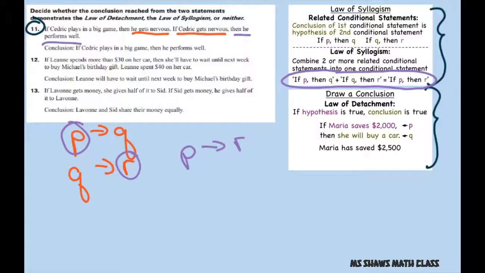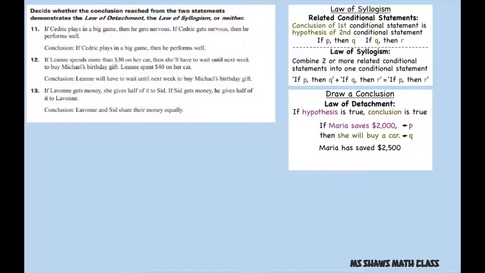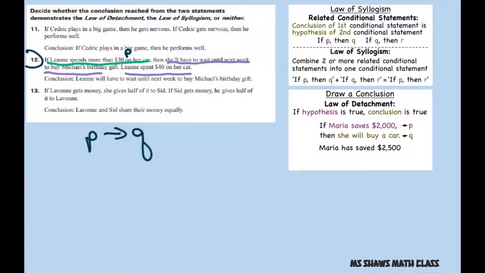All right, so the next one is 12. If Leanne spends more than $30 for her car, so that's your P, then she will have to wait until next week to buy Michael's birthday gift. So that's if P, then Q. So this is P, and this is Q. Now the statement says Leanne spent $40 on her car.